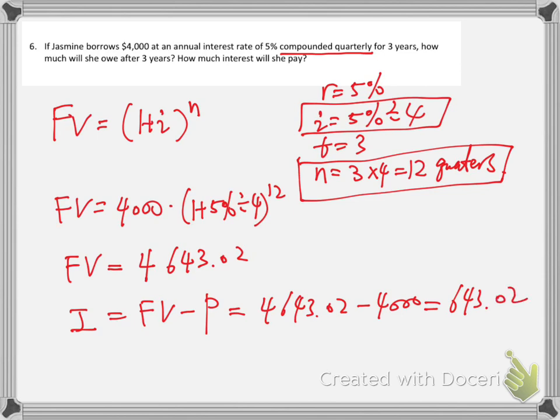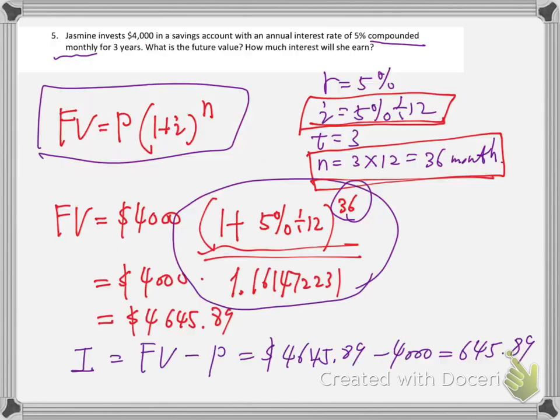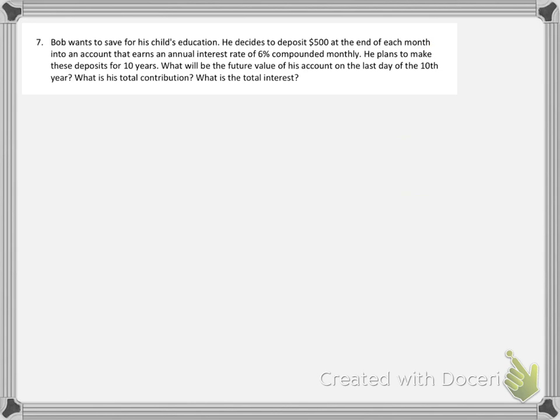So now we have 2 formulas for the finance part: this is for simple interest, and this is for compound interest. Now the last formula is the other way around.